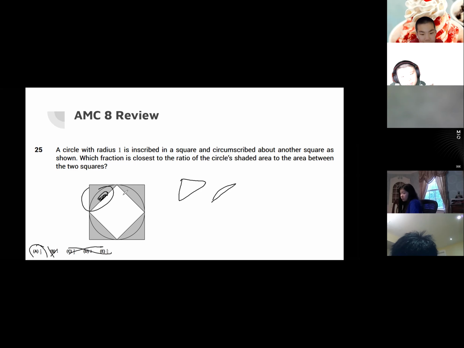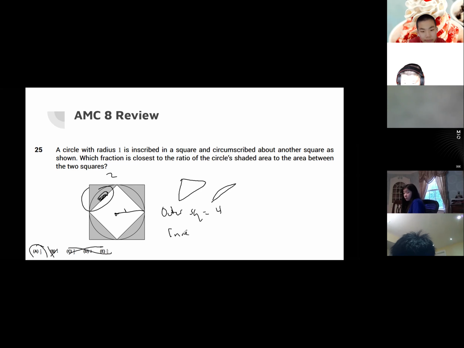But of course, if you want to do this properly, then you should actually try and solve this. So you get just 1, and therefore this whole thing is 2, because that's the diameter. The area of the outer square equals 4.